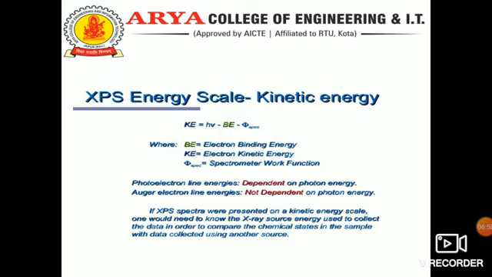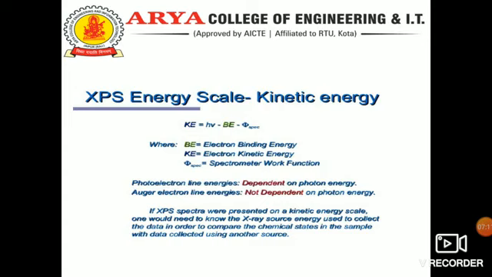Energy scales, which has two types of energy. First one is kinetic energy, KE equal to h nu minus BE minus phi, where BE equal to electron binding energy, KE equal to electron kinetic energy, and phi equal to spectrometer work function.